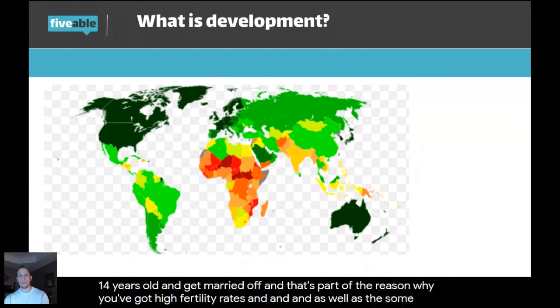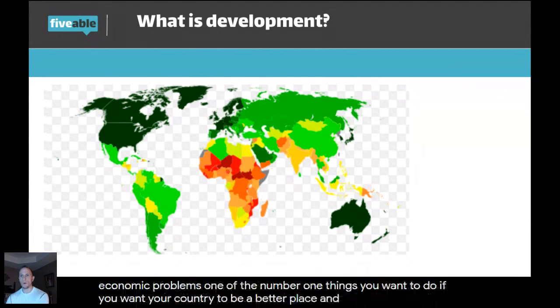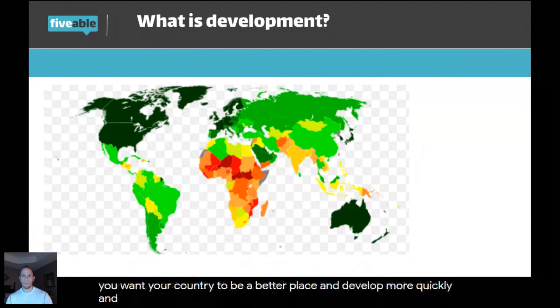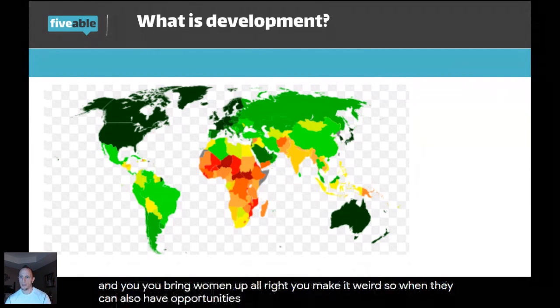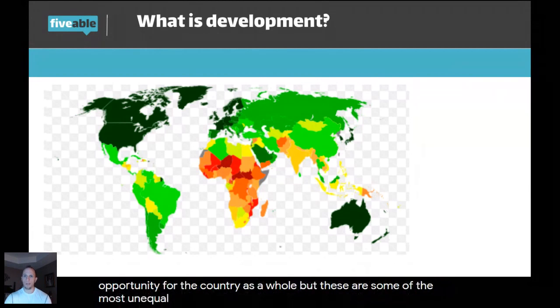One of the number one things you want to do if you want your country to be a better place and to develop more quickly is bring women up, right? You make it so that women can also have opportunities, and that's going to lead to huge opportunity for the country as a whole. But these are some of the most unequal, undeveloped places on earth.